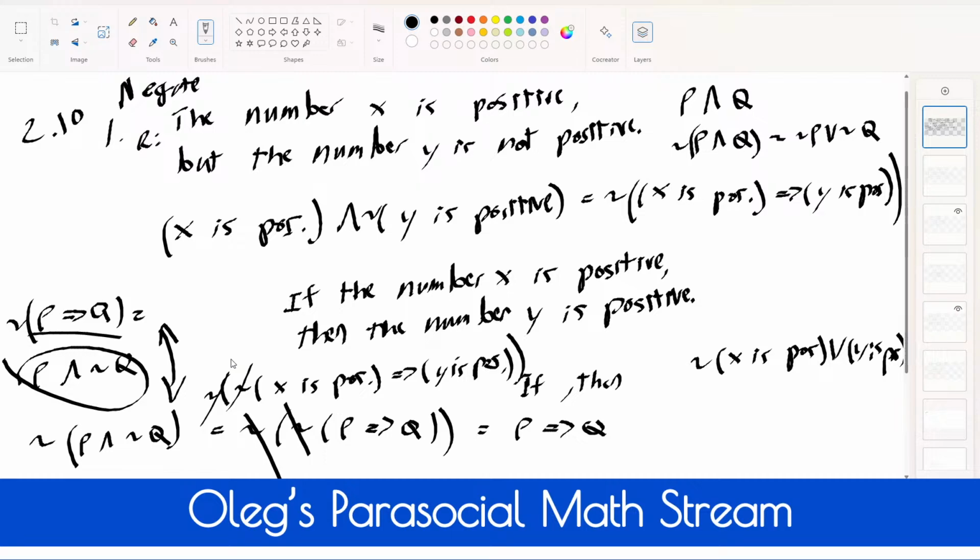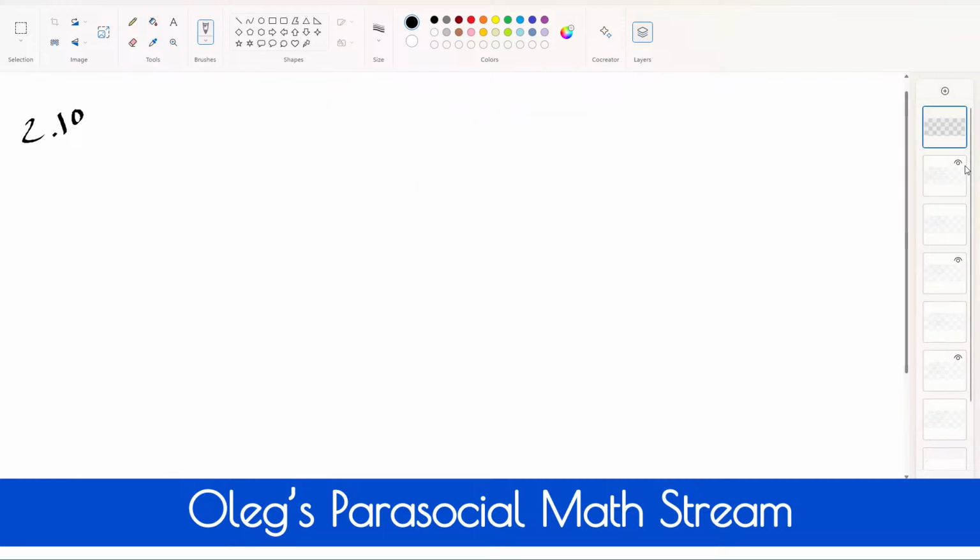So that should work, and that's negating of P implies Q. So it wasn't what I did with using the negation of the implication. It was the fact that I didn't see it as P and Q. All right, but that's solved. Let's go.